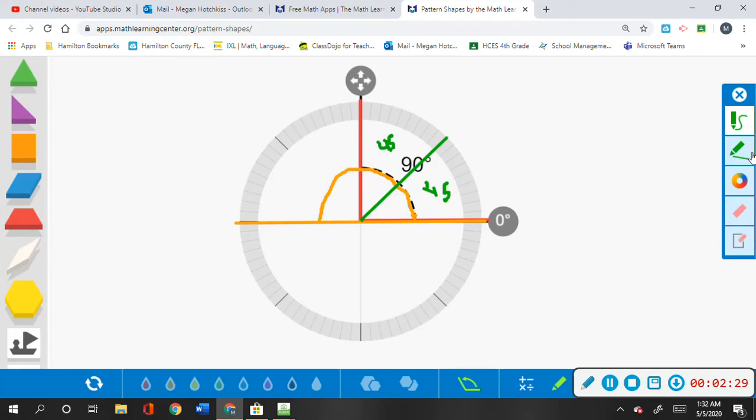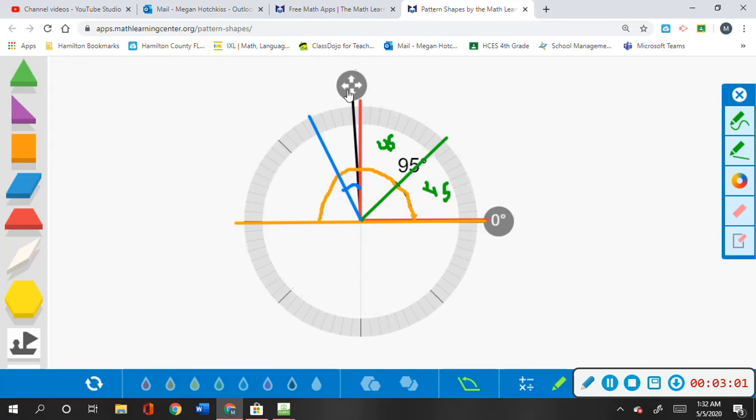We can also use the measure of angles to find unknown angles. If we were going to find the measure of this angle right here in blue, and we knew that this angle, let's move our protractor around so we can get to it.